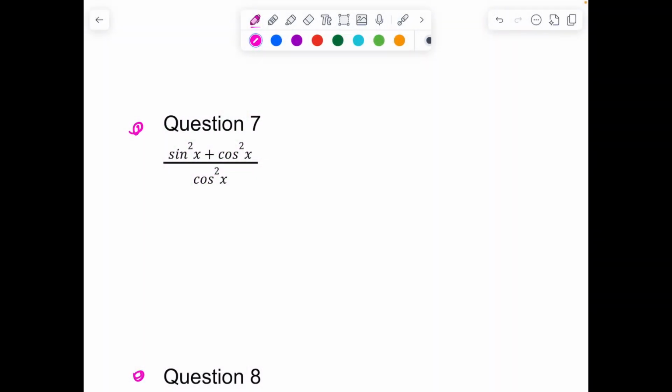So we start here and we look at the top and we say, is this an identity or is this something I can rewrite differently? And if you notice, this is the plus, so this is like the Pythagorean theorem. This actually equals 1. So it's 1 over cosine squared of x. And then this one can be written as the reciprocal of secant squared of x.